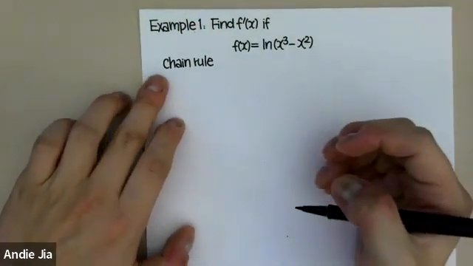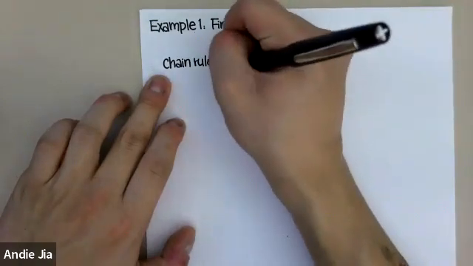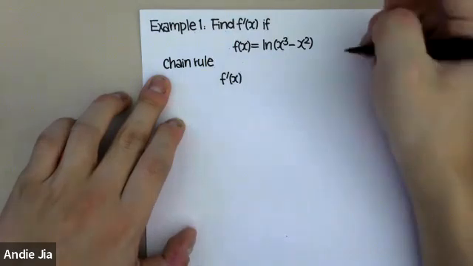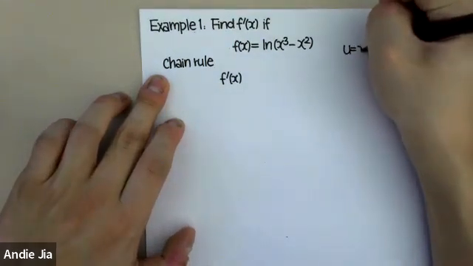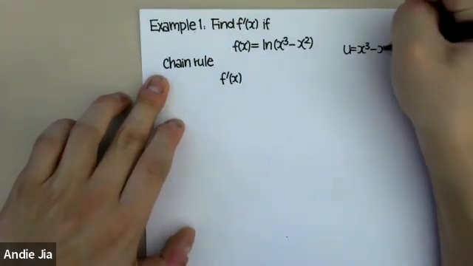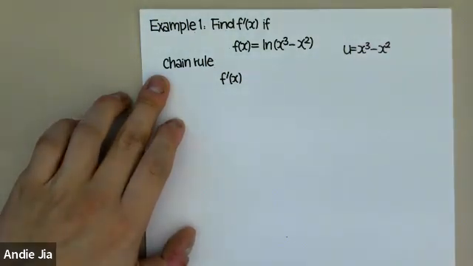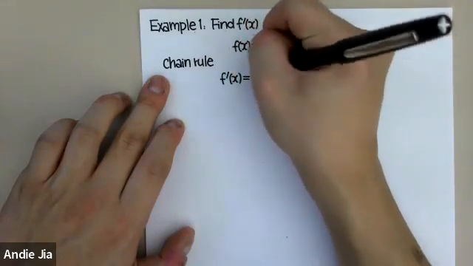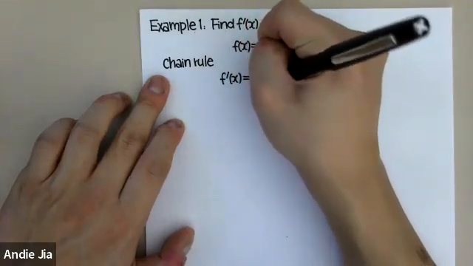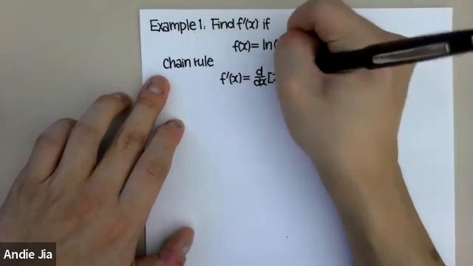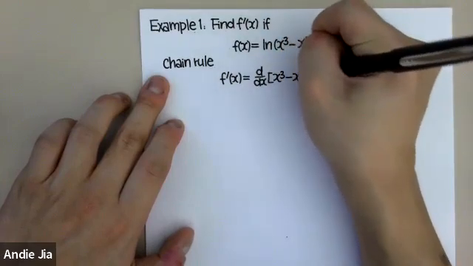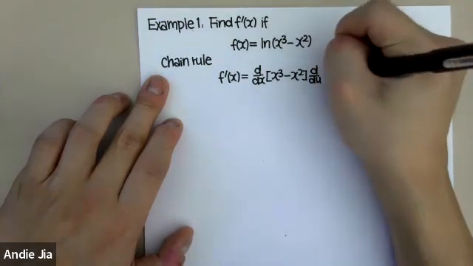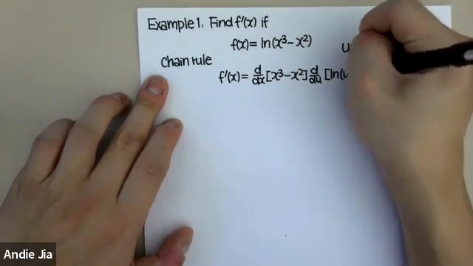When we do the chain rule, we set u equal to x cubed minus x squared, and f prime of x is d/dx of x cubed minus x squared times d/du of natural log of u.